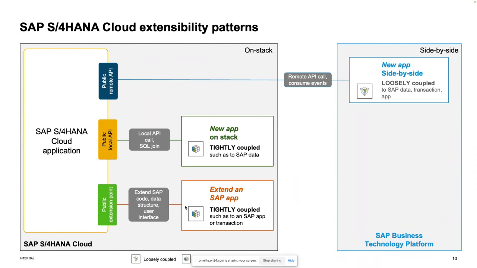Of course, there are some ideas what makes sense and what makes no sense. For example, if you need direct access and many accesses of tables, a side-by-side application is not the best choice if it's mass data. Then you would go, of course, to on-stack.